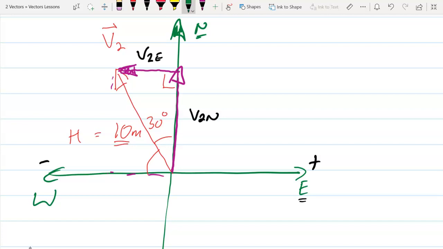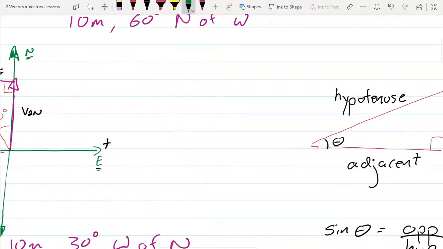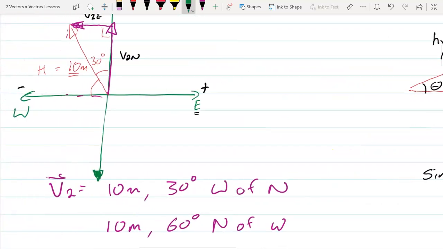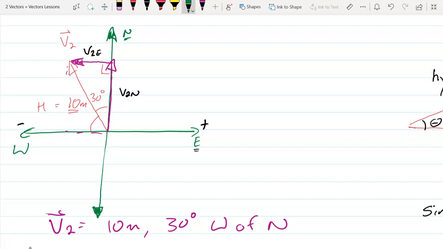This is the opposite side of the triangle relative to our angle. And so when we think about our trig ratios, which one uses opposite and hypotenuse? Sine does. Sine is opposite over hypotenuse. So I can write now the sine of the angle equals the opposite side, the thing I'm interested in solving for, V2 east, divided by 10 meters, the hypotenuse. I'm just finding the absolute value right now.